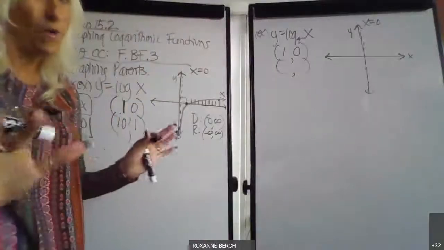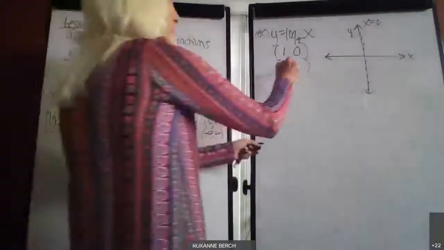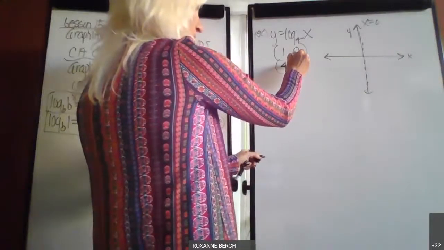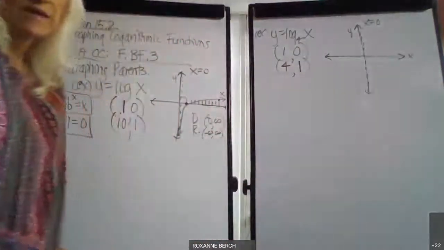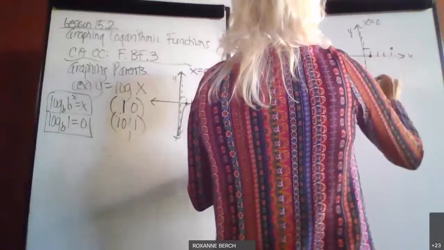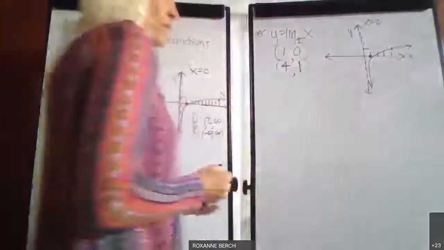You can pick any x you want, but give me a nice one. 4, because the base is 4. So what's log base 4 of 4 to the 1? 1. So you would graph right 1, 0, and you would graph right 4 up 1, and you would draw your logarithmic function along the vertical asymptote.